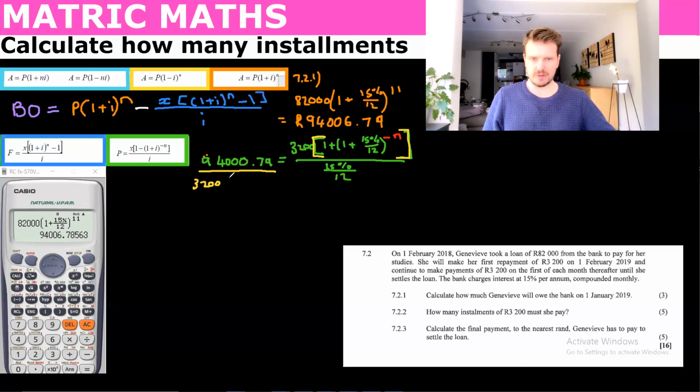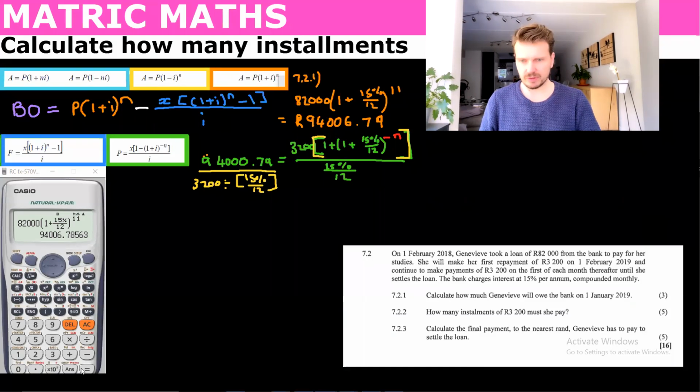So we could just divide this by 3,200 over 15% over 12. So let's do that. Let's take that 94078. Now, if you've got the memo, we're not rounding, so we might get slightly different answers because we're just going to use the 940 that we've got there.